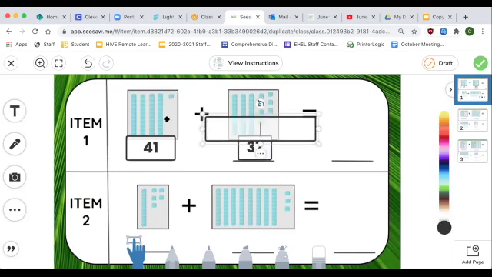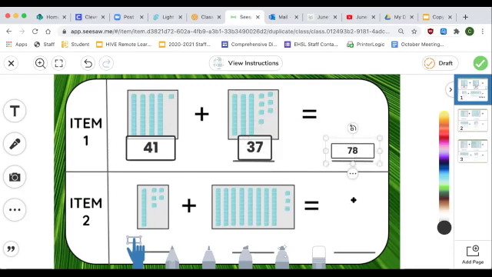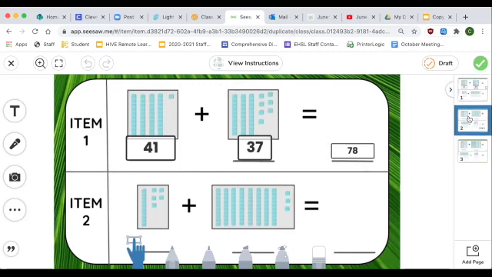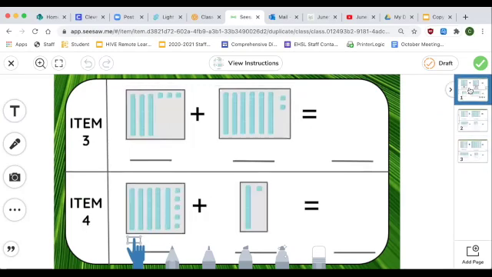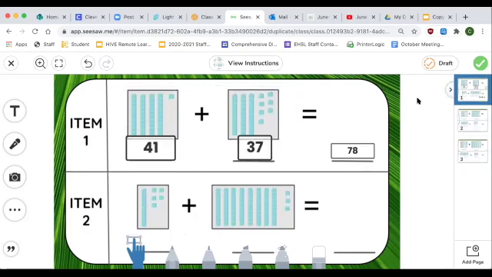I have 8 ones. Oh, so I have 78 base 10 blocks here. What you are doing on these pages is solving the math problems. Ladies and gentlemen, boys and girls of all ages, if you are a third grader, it's only addition today.